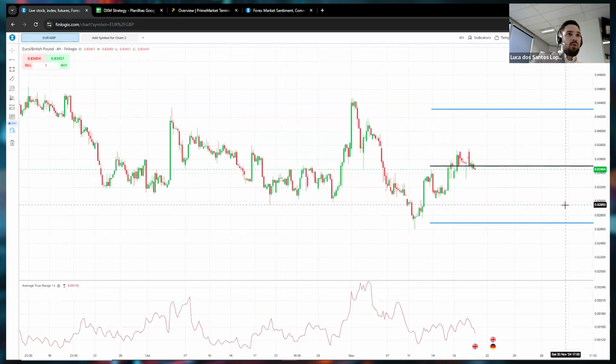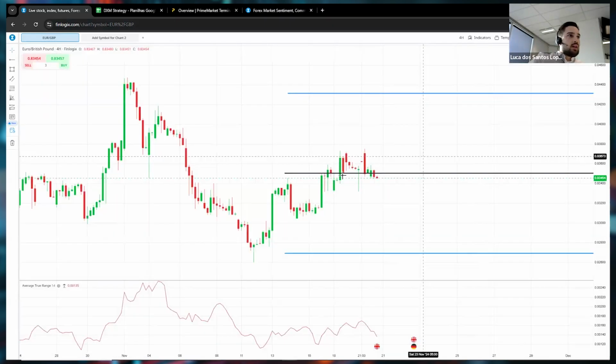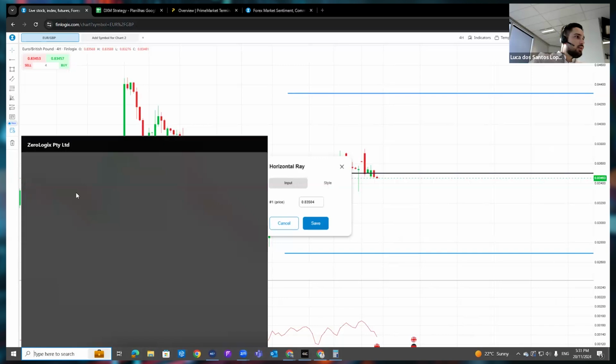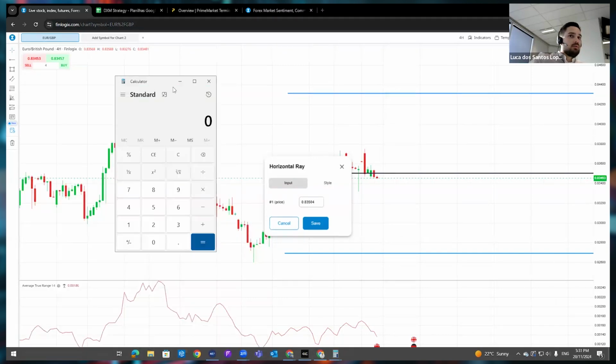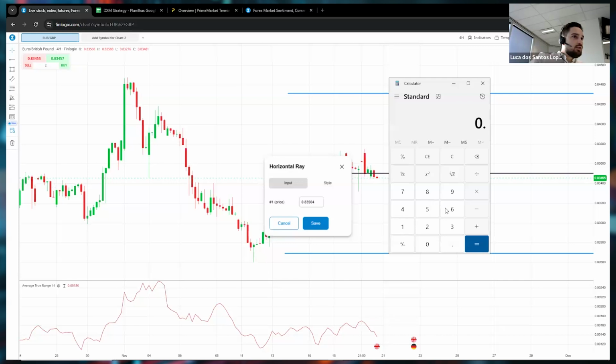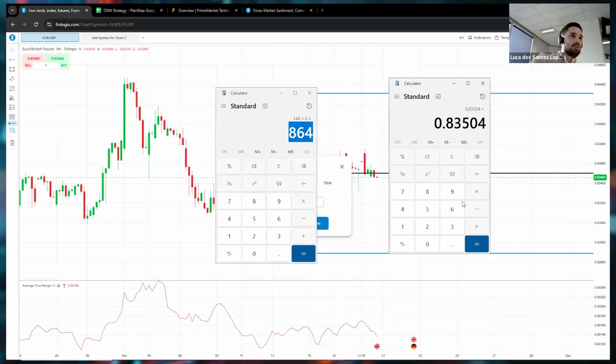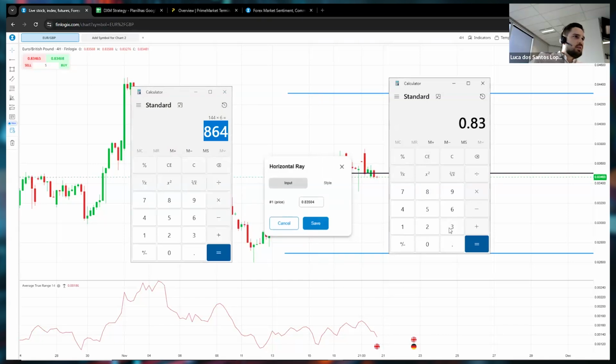Our entry point is right at 83,504. So let me get another calculator. 0.83504 plus the stop loss of 0.00900 gives 84,404.